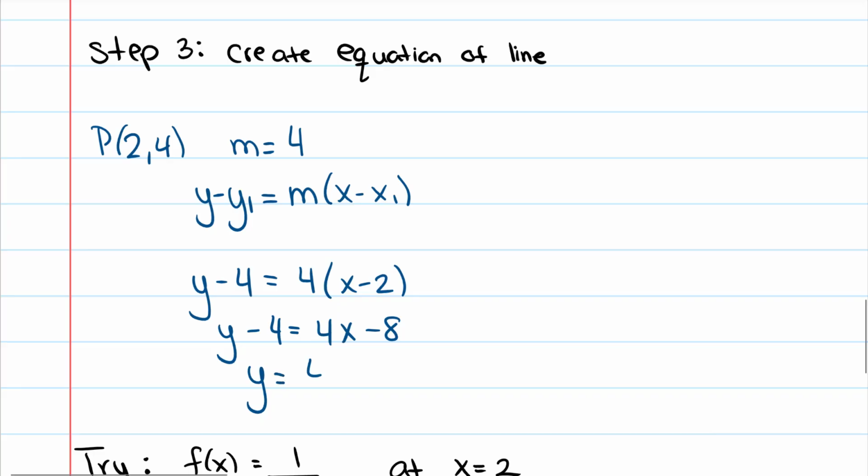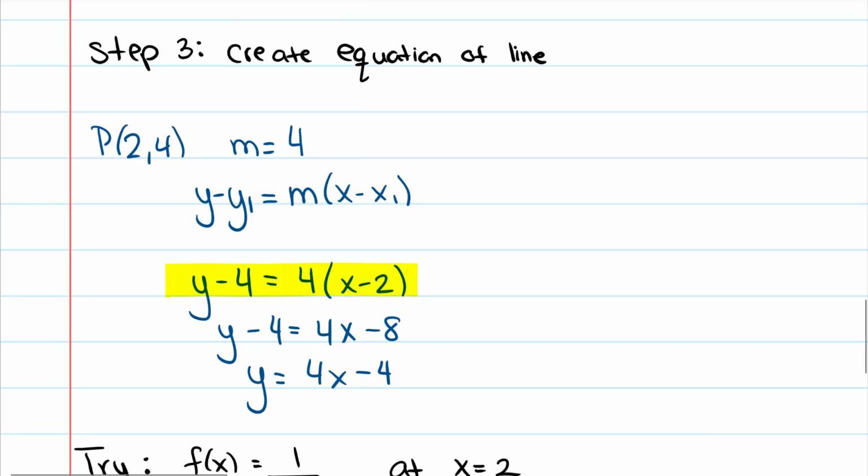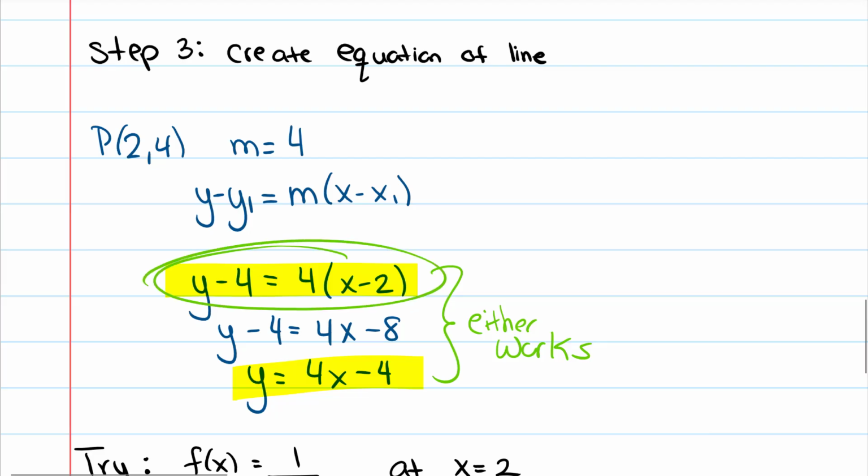So y is equal to 4x minus 4. Now I am going to make the point to say that either of these equations is okay. On an AP test on an FRQ, I recommend you stop here because there's less chance to make a mistake. However, on a multiple choice question, they might put either one of them.